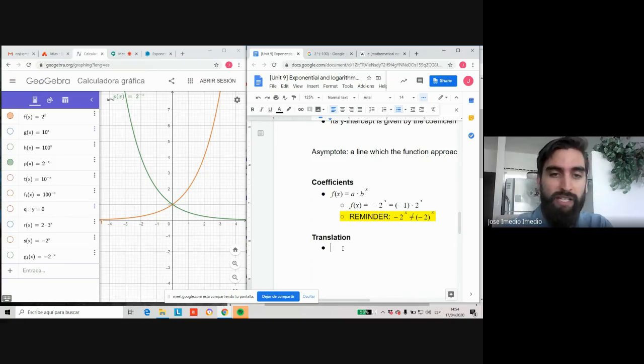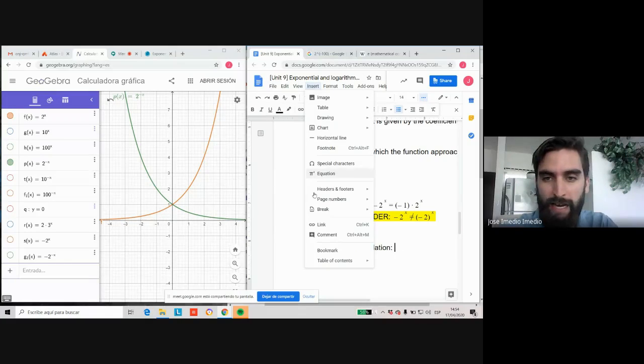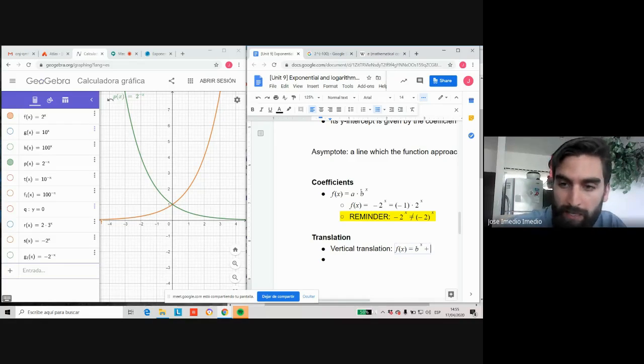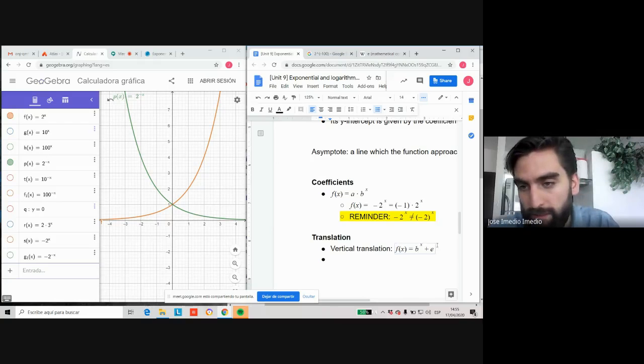The first one is, sorry, the vertical translation. The vertical translation happens when I have something like this. I have b raised to the power of x, and I have here a letter.